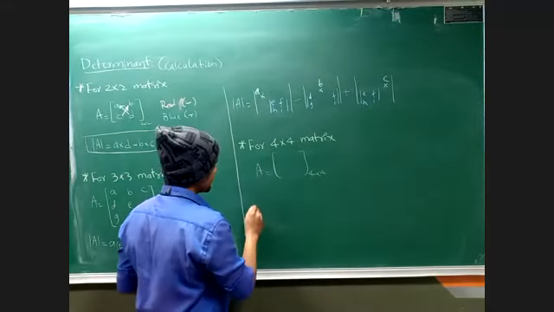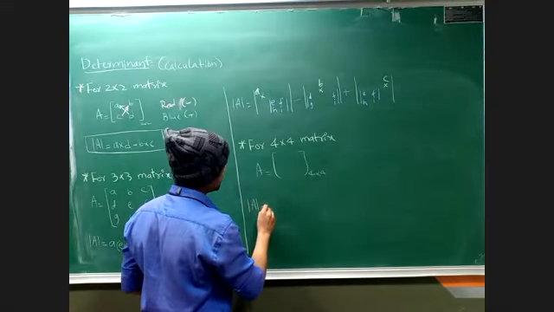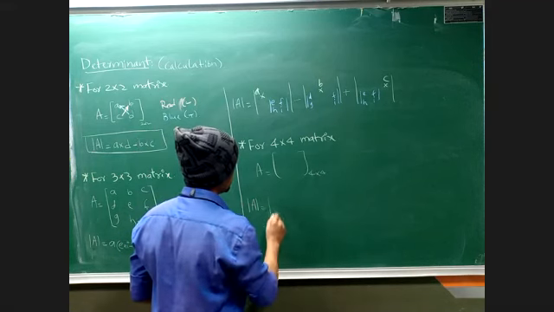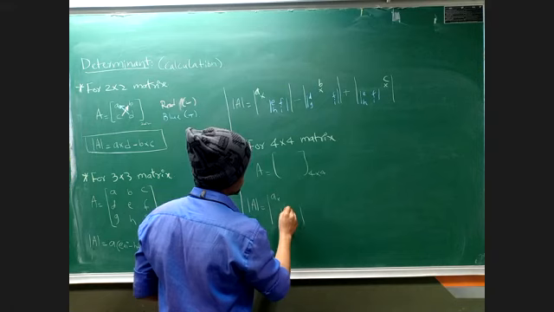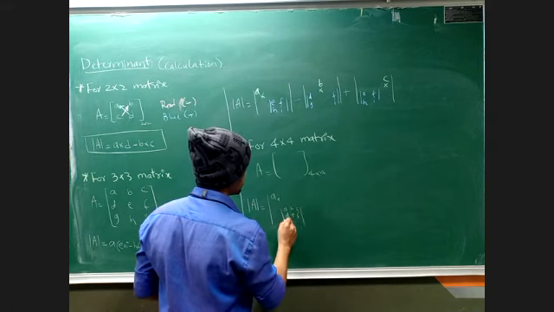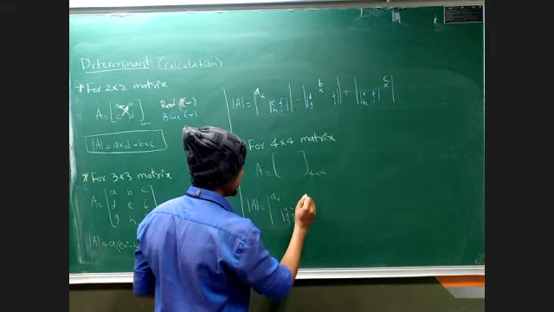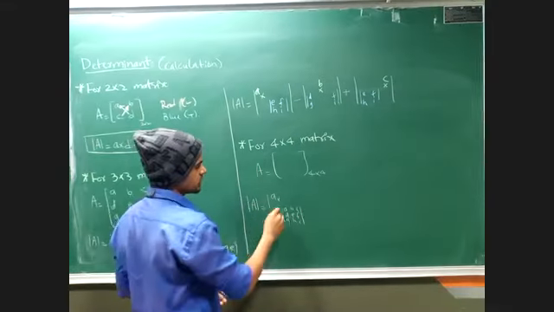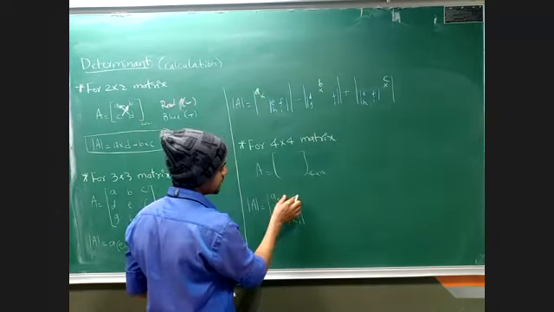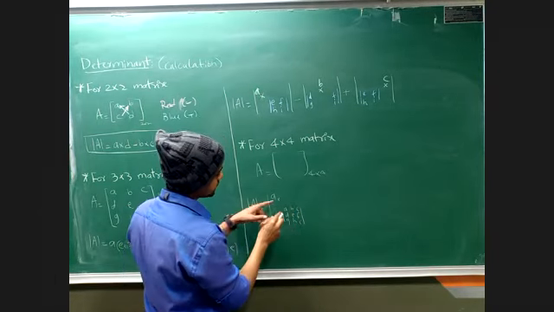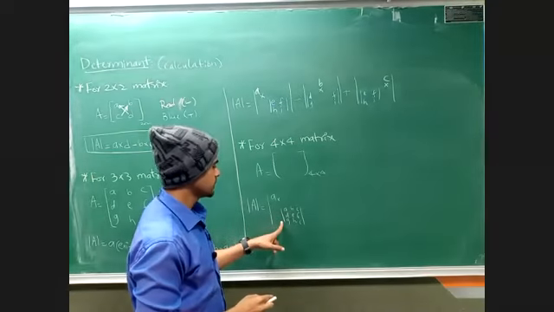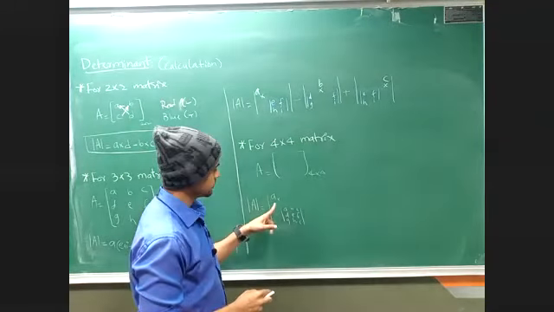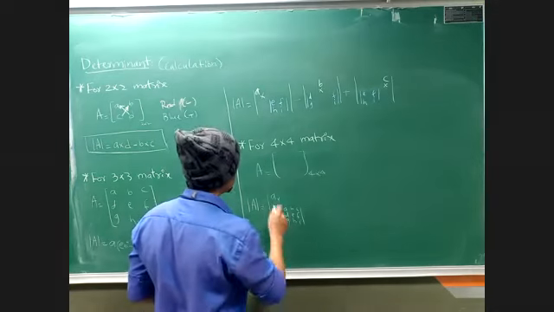So here the determinant will be A1 multiplied by the 3 by 3 determinant of A, B, C, D, E, F, G, H, I. Okay. So now here we are not taking these elements, we are just multiplying the first element with the minor of A1 or with the minor of A.